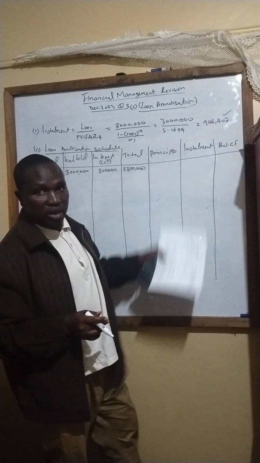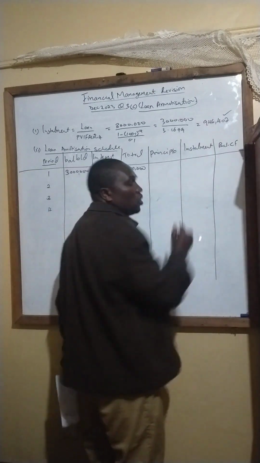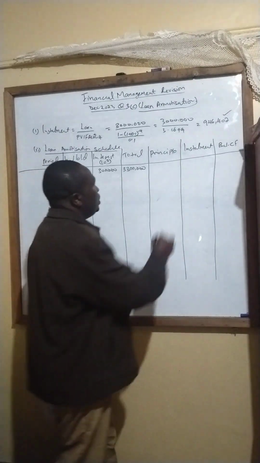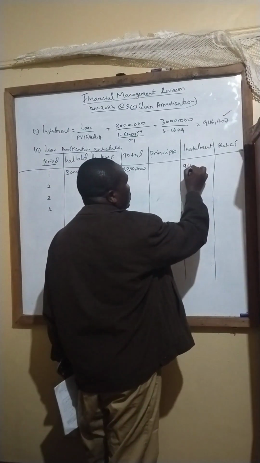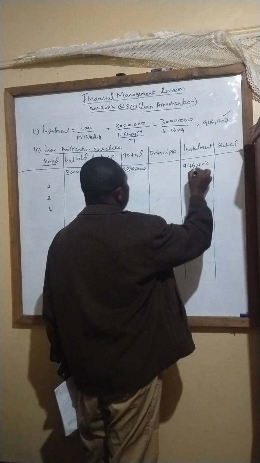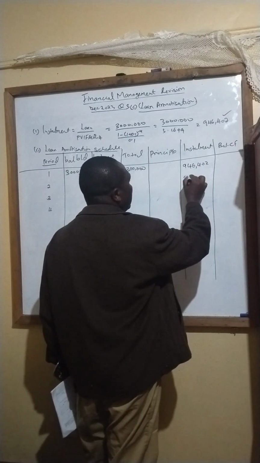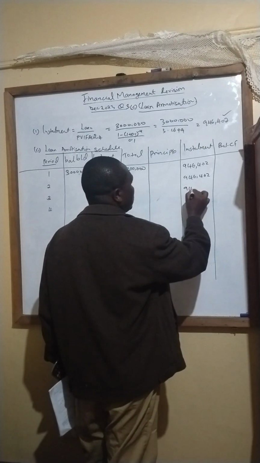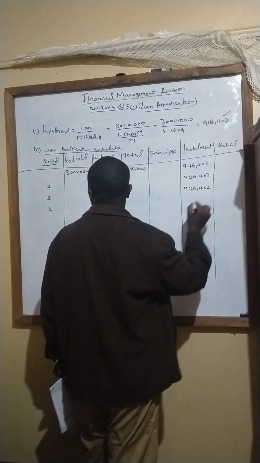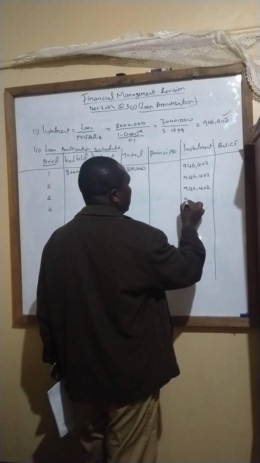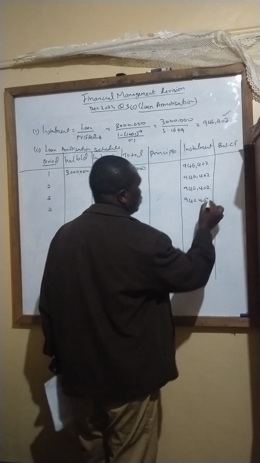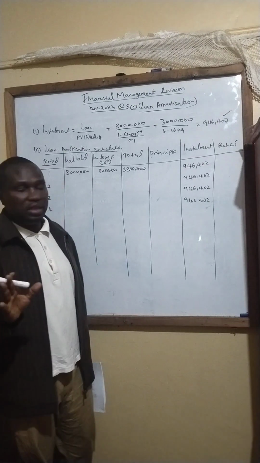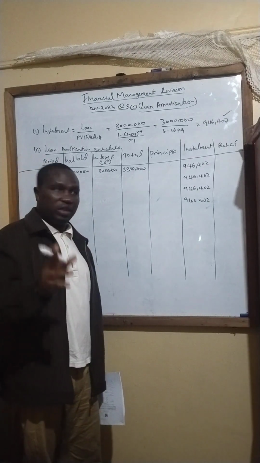Now, installment already we have calculated here. So it is a constant amount. So it will be constant up to the 4th year. So here will be 946,402. This one will be 946,402. The third one is 946,402. And the last one is 946,402.